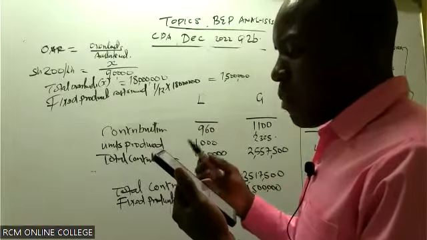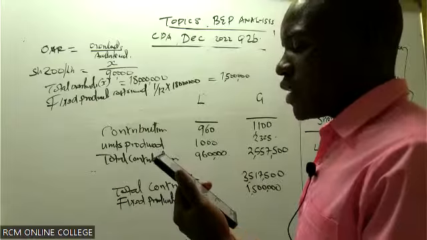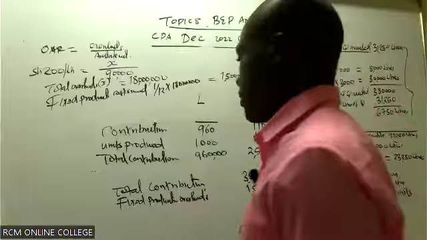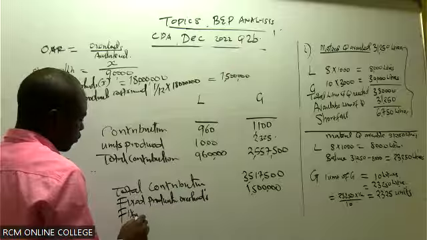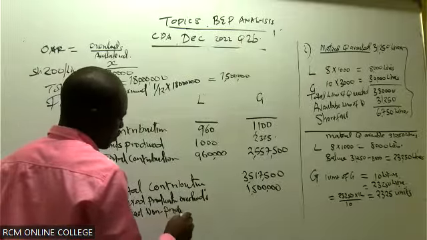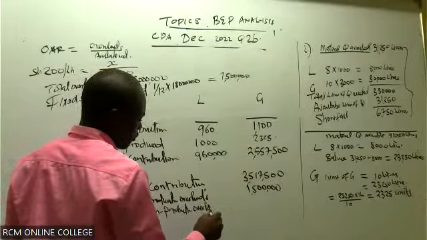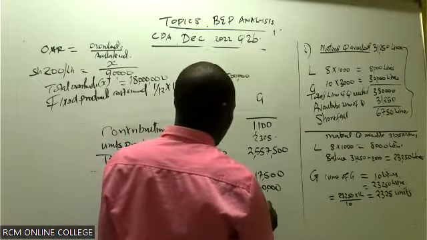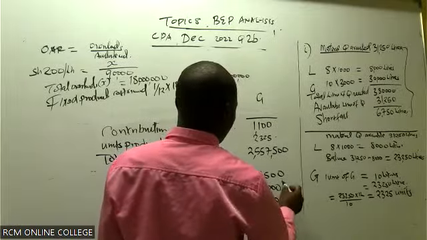In addition to the above costs, non-production overhead costs are expected to be 577,500. So less fixed non-production overheads or costs, equivalent to 577,500. Now these we deduct.